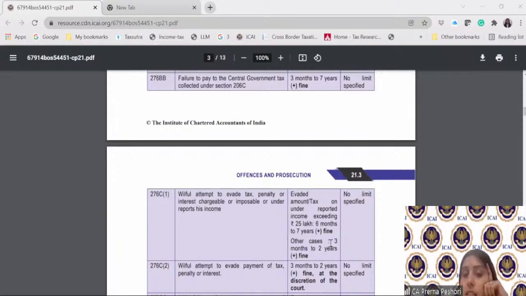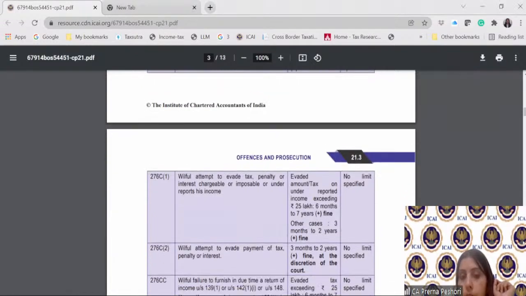And in other cases, if it is not underreporting of income, then it is 3 months to 2 years. If there are other cases of willful attempt to evade the payment of taxes, it is 3 months to 2 years. So where it is underreporting of income which exceeds rupees 25 lakh, there is going to be a prosecution of 6 months to 7 years. Remember one thing, this particular provision is going to be very, very important.